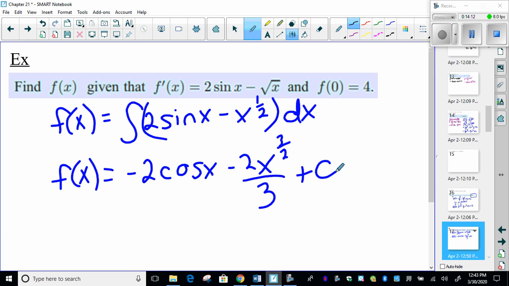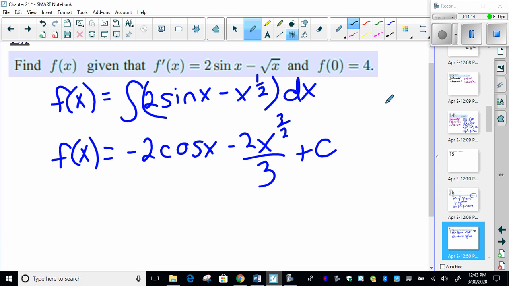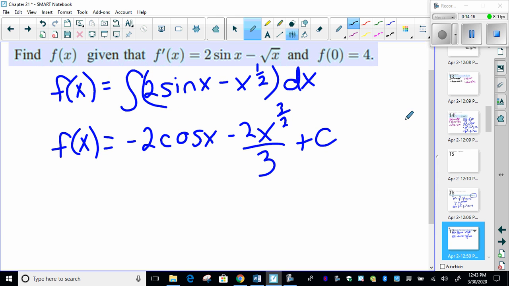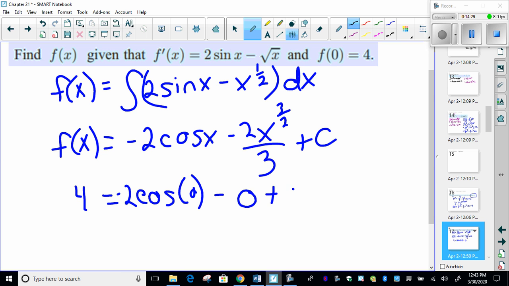plus c. Now I plug in my coordinate point, 4 for y, 0 for x. So 4 equals negative 2 times the cosine of 0 minus 0 plus c.